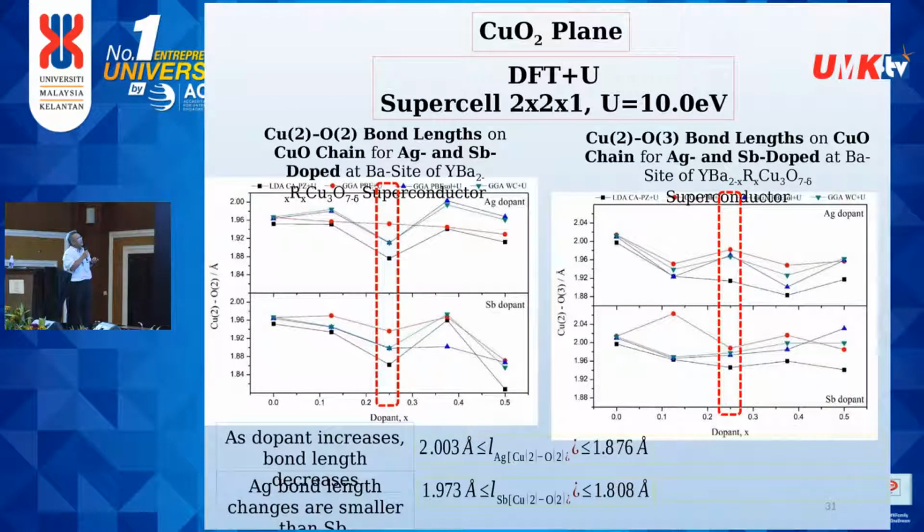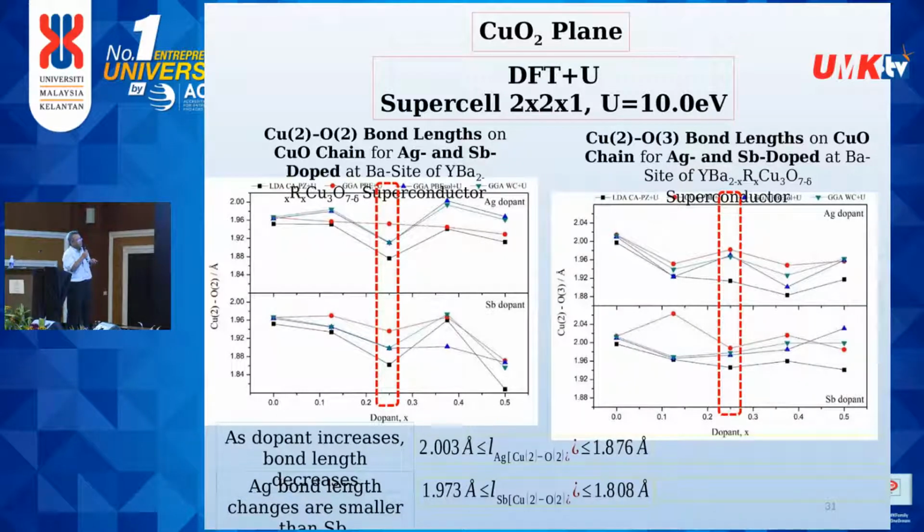Okay, this is for the CuO2 plane. We look at Cu2O2, bond length on the copper oxide chain for silver and antimony. We found out that as dopant increases, bond length decreases, and for silver, bond length changes are smaller than antimony, because the ionic size of antimony is very small.